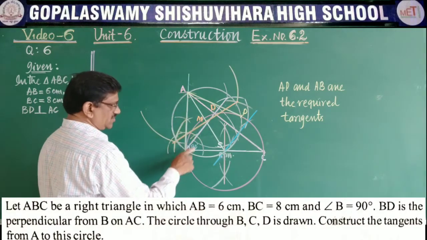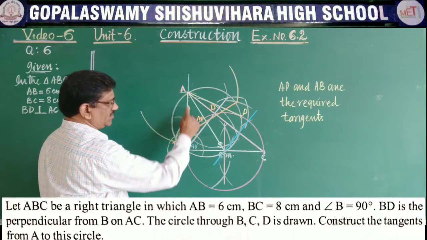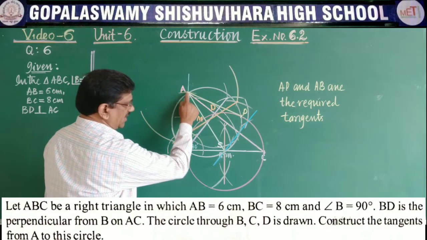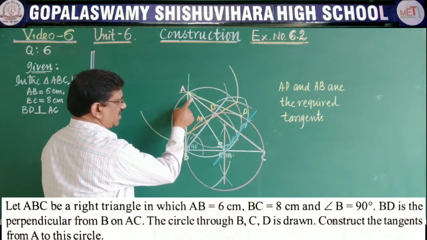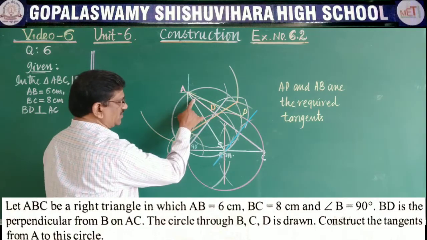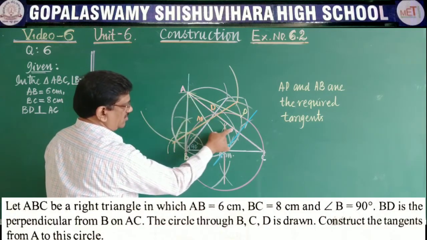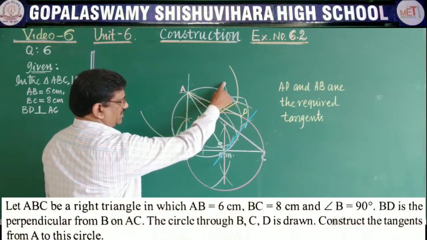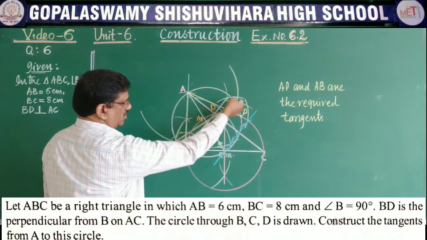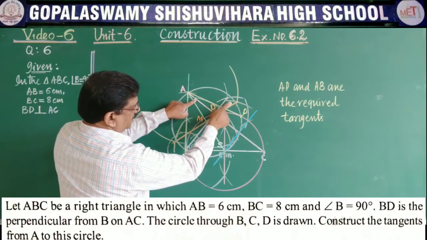So for that, with a convenient radius, with B as a center, you have to cut the line segment AC at 2 points. Then, taking more than half of this line segment, draw arcs with a convenient radius from these 2 points so that they cut each other.